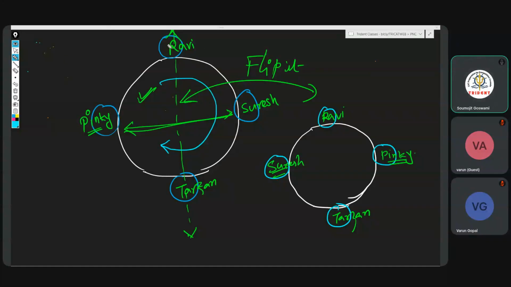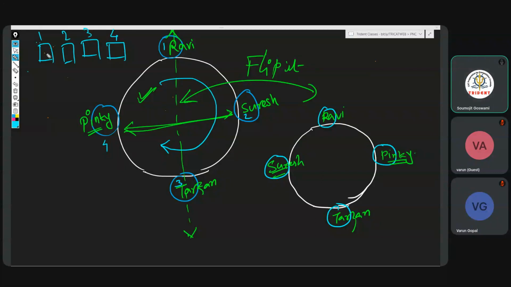For example, again the same idea, 1, 2, 3 and 4 are all positions, in that clockwise order. So Ravi is occupying 1, Suresh is occupying 2, and then 3 and 4. Ideally, I can have 4 arrangements. Let's say I have boxes 1, 2, 3 and 4.